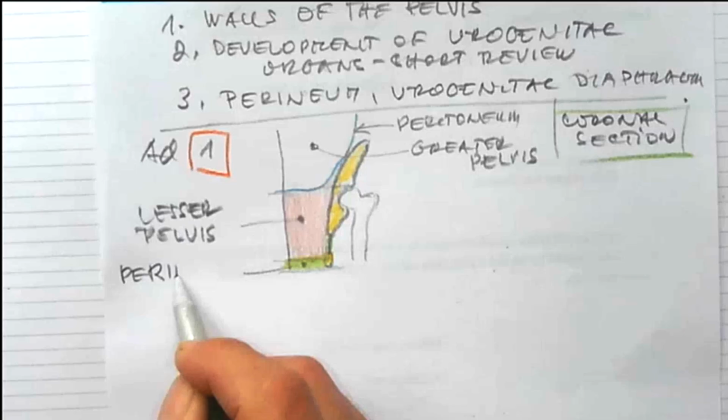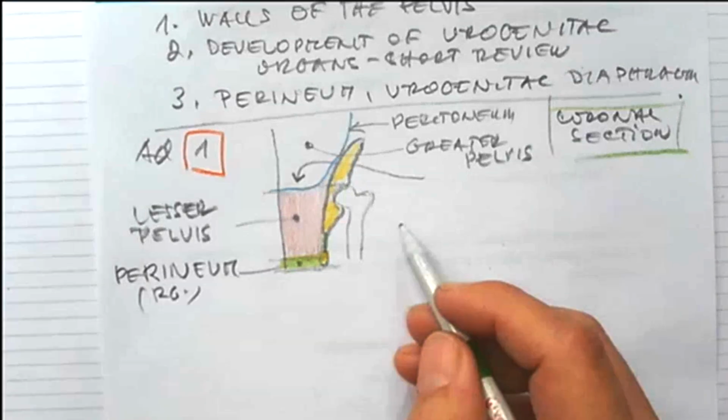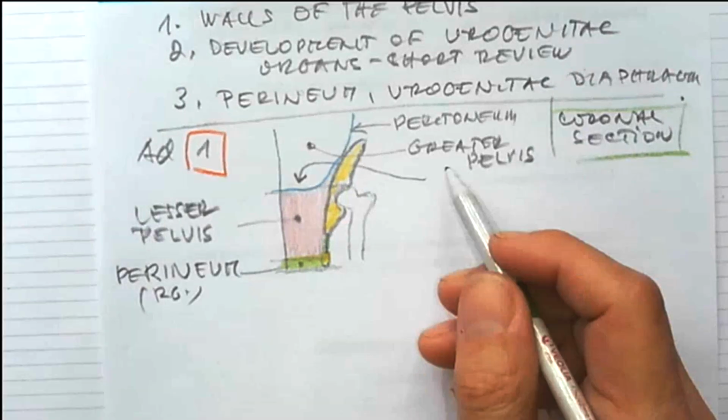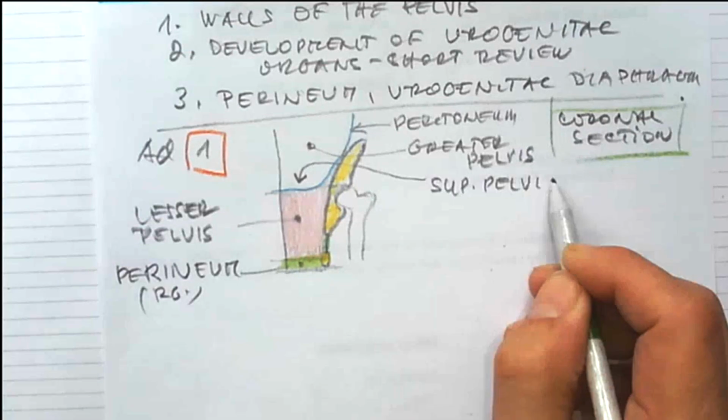So we are in the inferior part, which is in fact the floor of the pelvic cavity, and also contains the urogenital diaphragm. Now, concerning the entrance, we already defined it when we studied the bones of the pelvis. We call it the superior pelvic aperture.